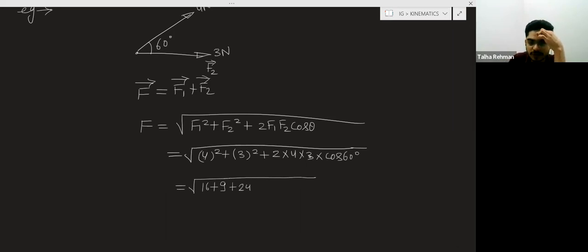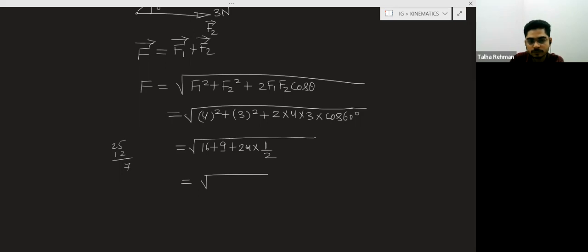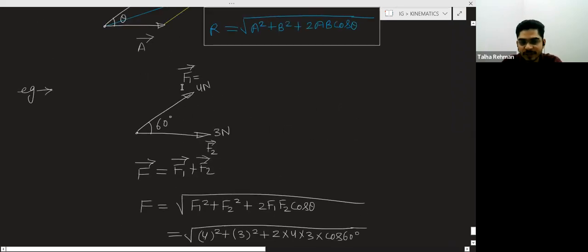This is 24 into cos 60, which is 1 by 2, so this will become 12. So this will become root 37. What is this F? This F is the magnitude of the resultant of F1 and F2 acting at an angle of 60 degree.